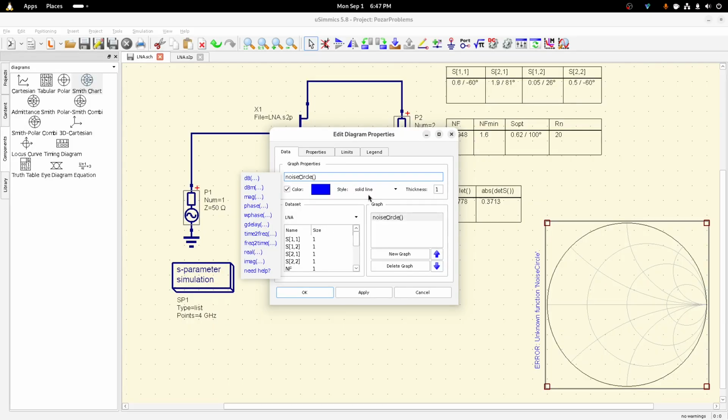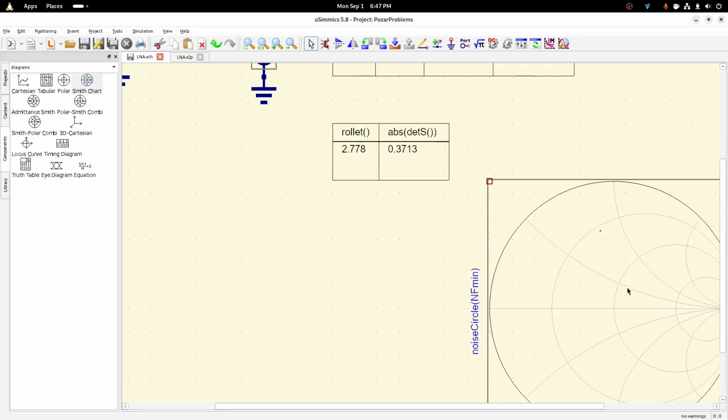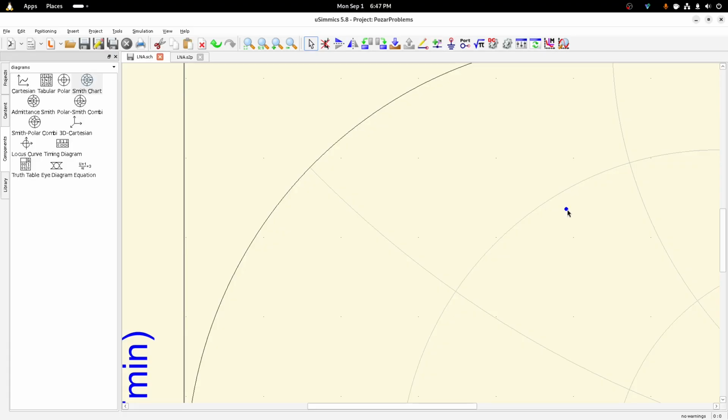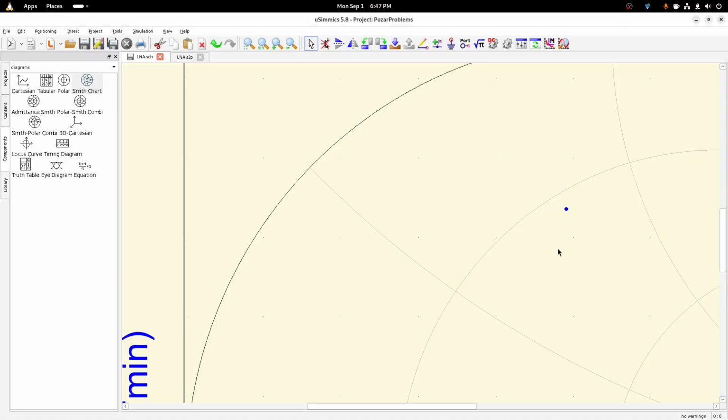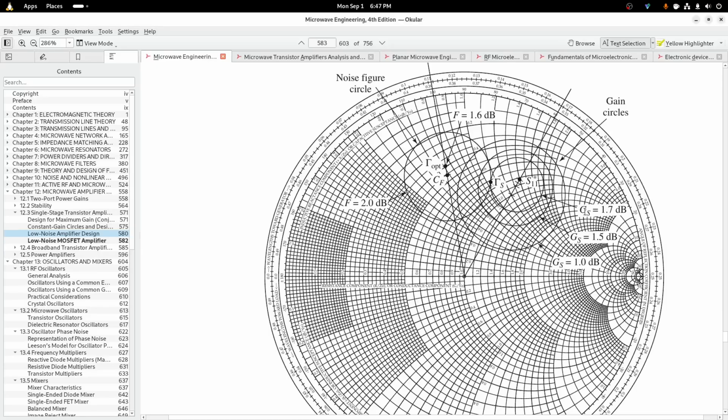Let's do NF min. So it might not be that visible, but it's that tiny, teeny dot right there, which tracks with what our thing is, because this whole circle is 2 dB, and this tiny little guy is 1.6 dB, because that's how it works with gain circles too.